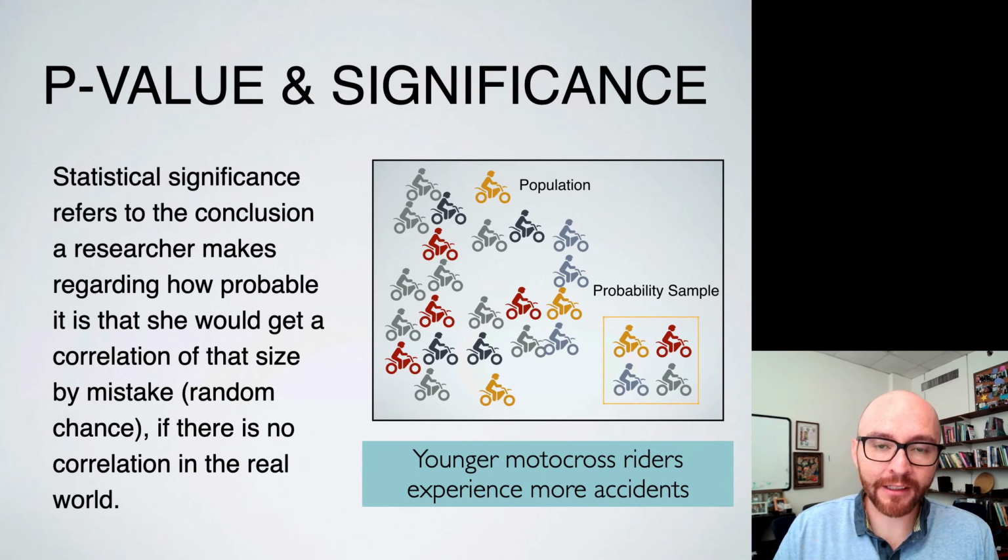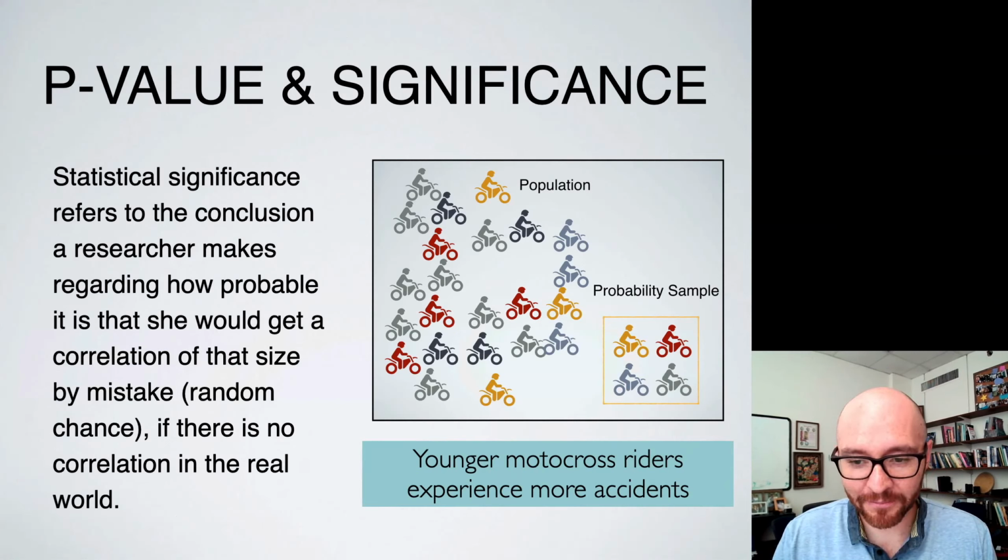We are not willing as psychologists to accept anything above a 5% chance that you found a relationship between these two variables when this relationship actually doesn't exist in real life. So let me say that again.